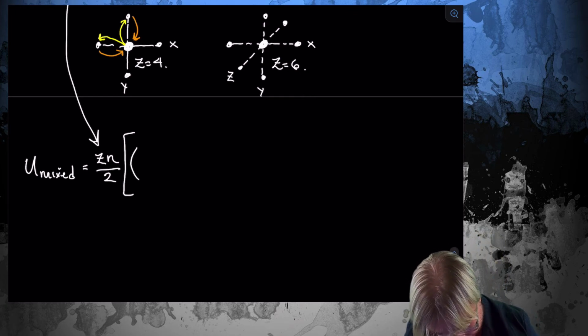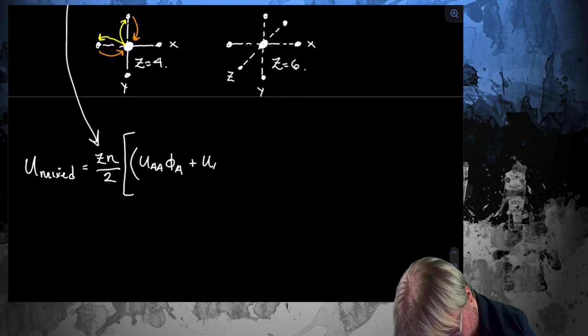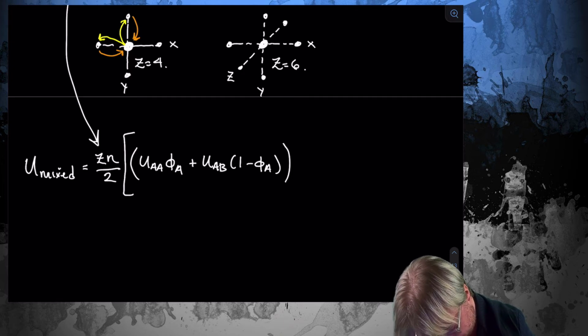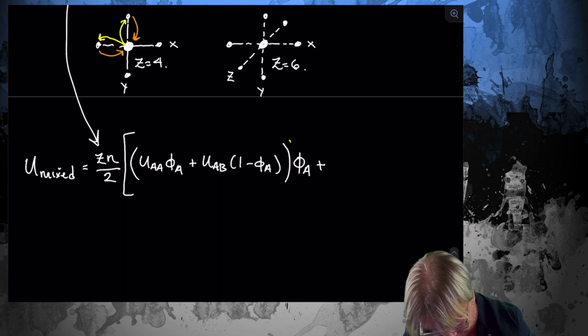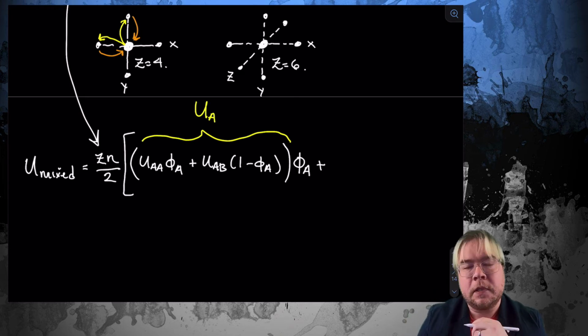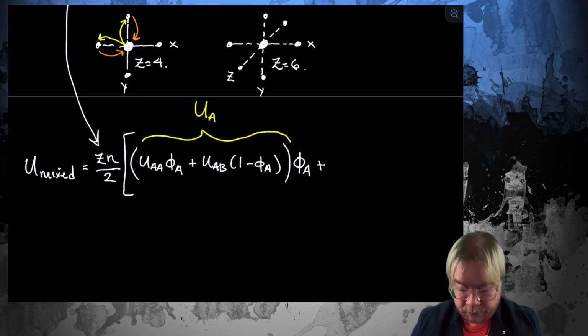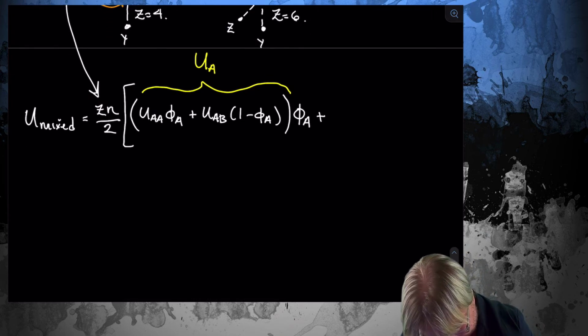So this is going to be UAA phi A plus UAB times 1 minus phi A, times phi A. To remind you, this term here is capital UA. And then we just need to do the same thing with UB. I'll write it on the next line to save us some space.